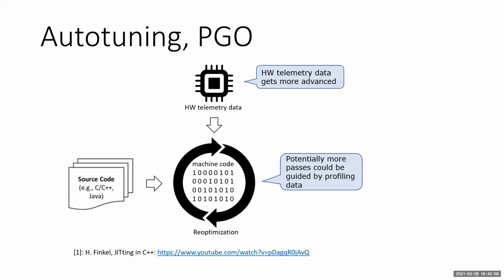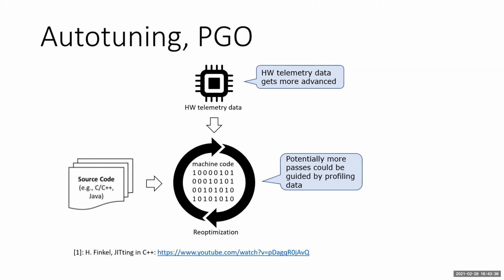Based on this data, you can intelligently insert memory prefetching hints, because you know the exact assembly instruction for which you need the prefetching, but also how much before this instruction you should insert the prefetch hint.